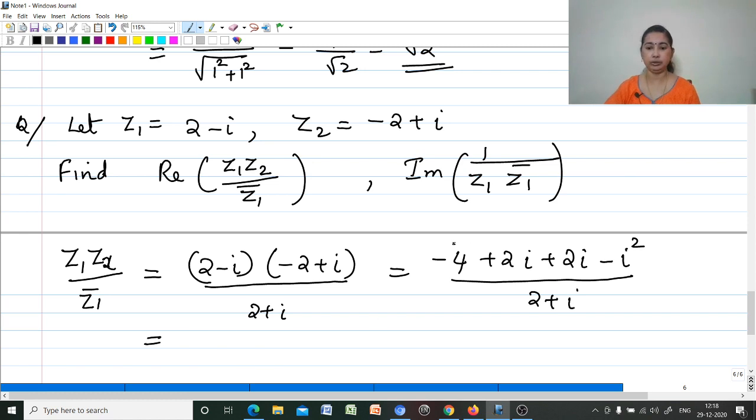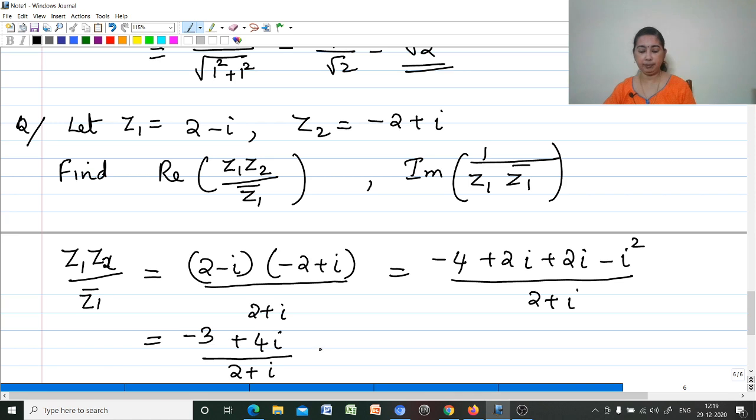And i square is minus 1, so minus 4 plus 1, that is minus 3, so minus 3 plus 4i divided by 2 plus i.